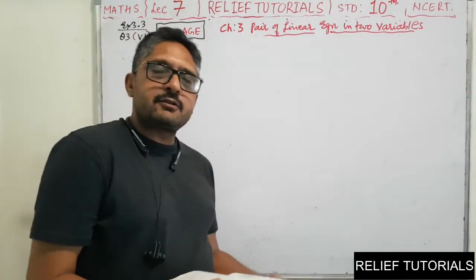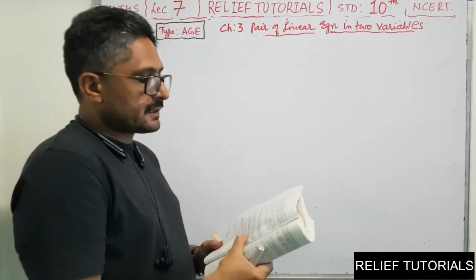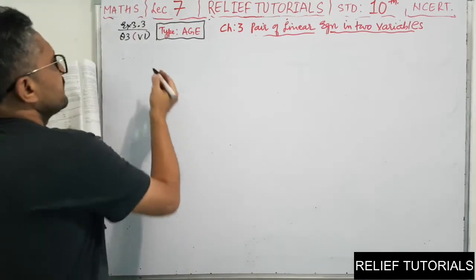See, we read the question. Now we are doing a problem related to age. See, what is given? 5 years hence, and 5 years ago.